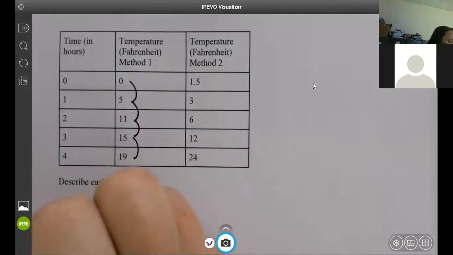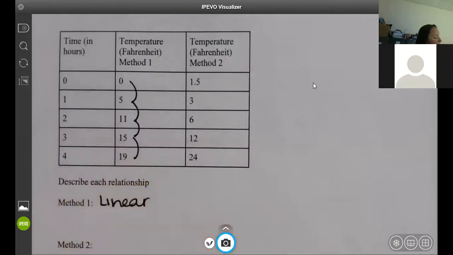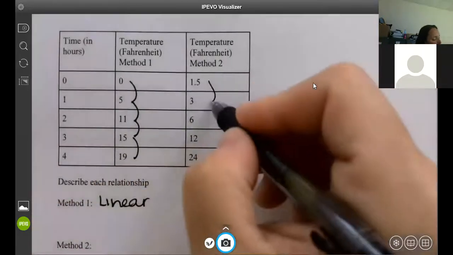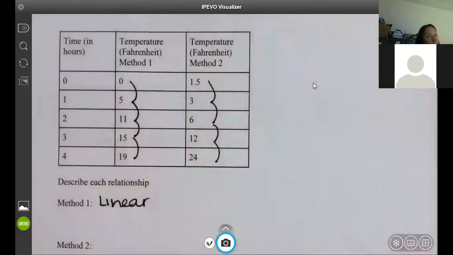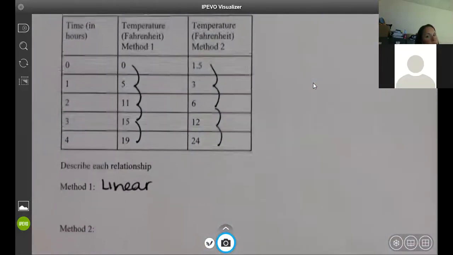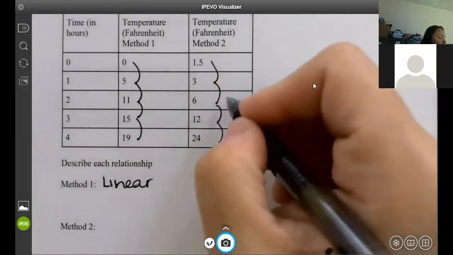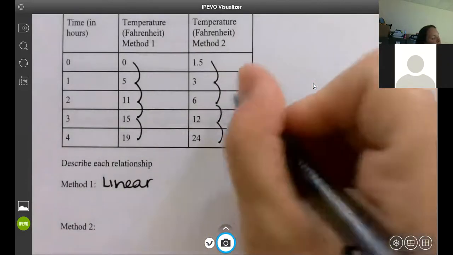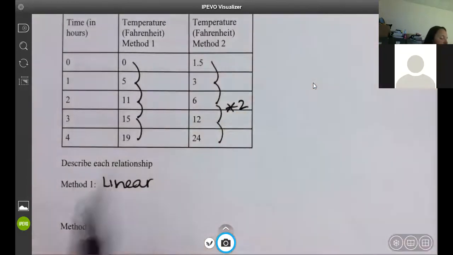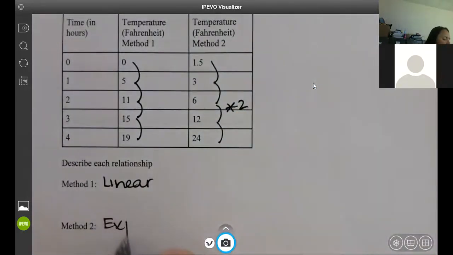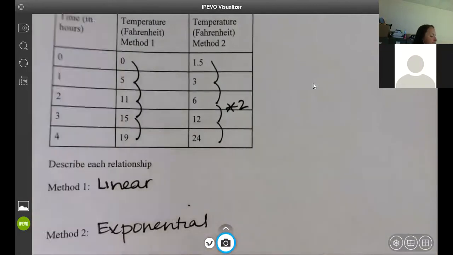So this one's going to be linear. What's happening on this one? What's it doing? Multiplying by 2, so that one is going to be exponential. You don't have to find the equations right now. I already showed you how to do that. Okay.